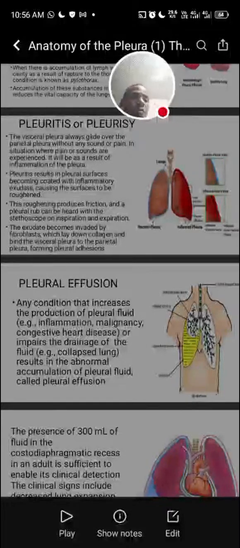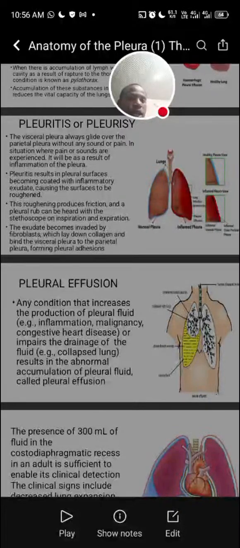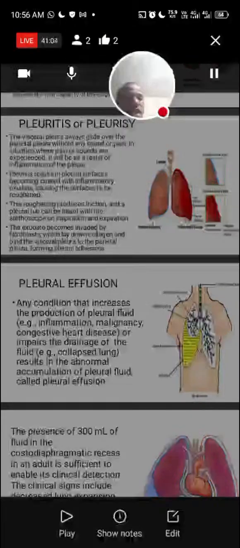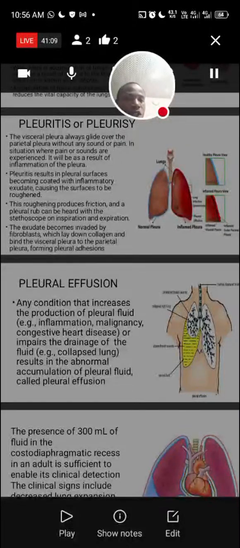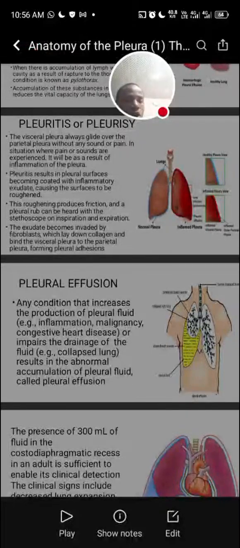Where we have chylothorax, pyothorax, pneumothorax, hemothorax, hydrothorax, pleuritis or pleurisy, pleural effusion.